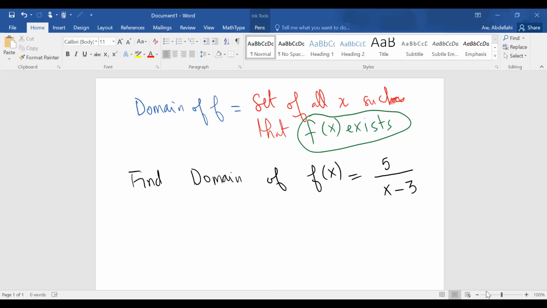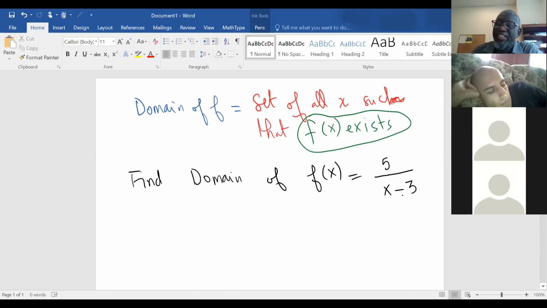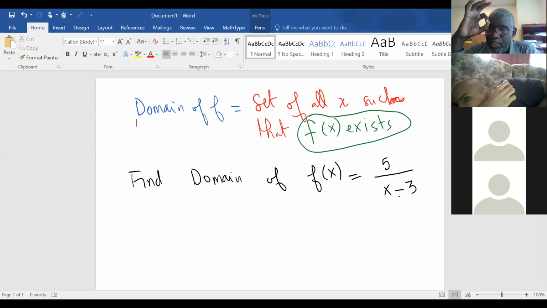So in order for f of x to exist, the denominator cannot be 0, right? We all agree with that? That is my only worry here. I don't have another worry.